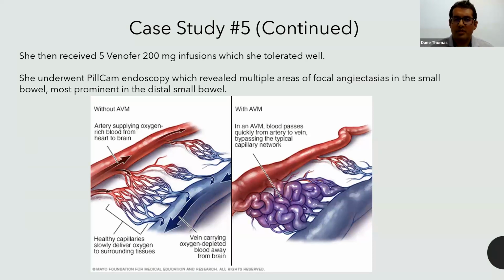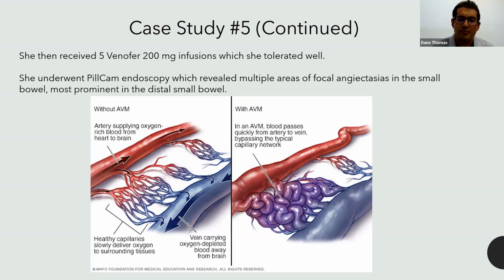Occasionally, we encounter patients with chronic AVMs of the small bowel, especially patients that are above 60 years of age. As part of our workup to rule out iron deficiency, we recommend for these patients to also undergo a pill endoscopy if their EGD and colonoscopy are negative.